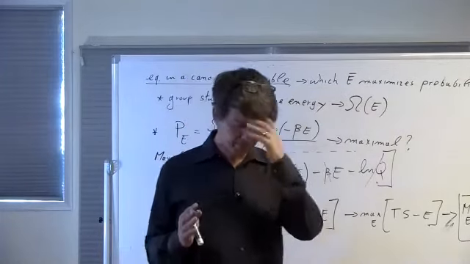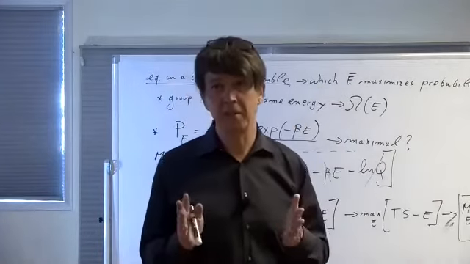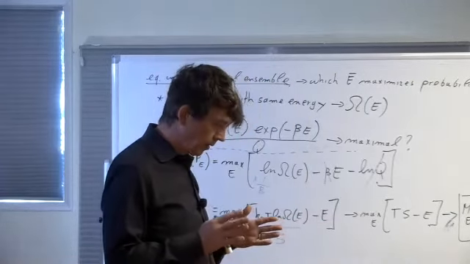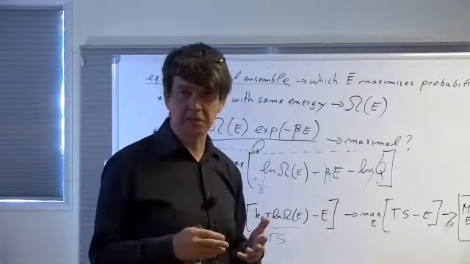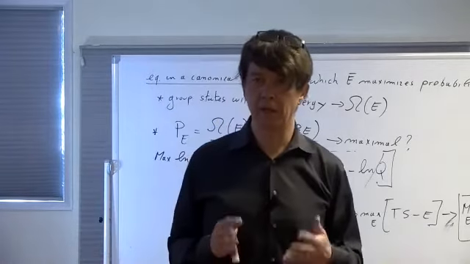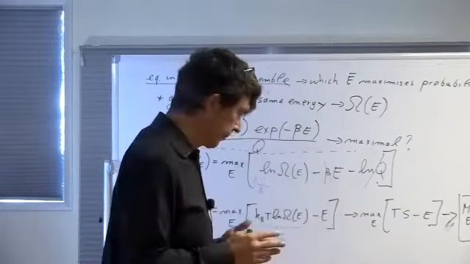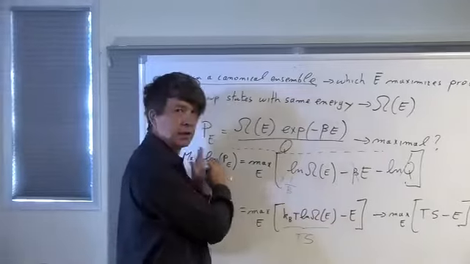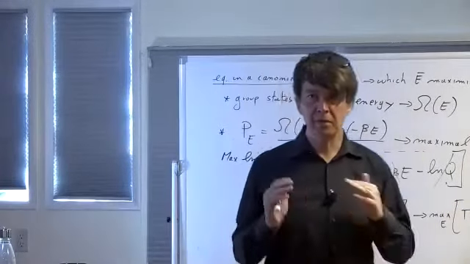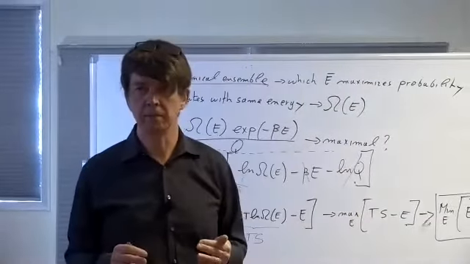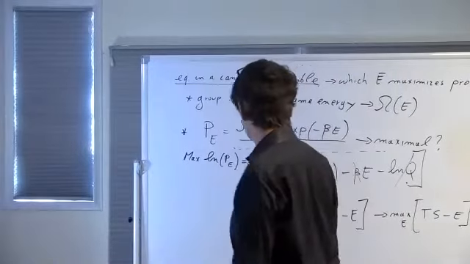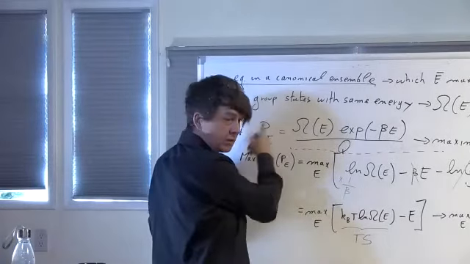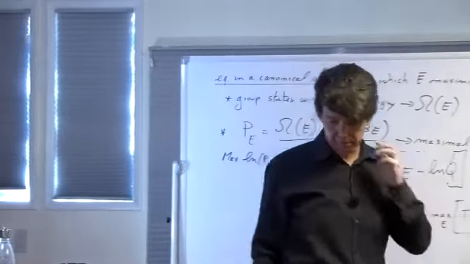This is actually amazing, right? I just want to stress that for a second because it's sort of a mathematical statement of everything we've been saying and thinking. This here, I would say, is intuition: the thing you see is the thing with the highest probability to be seen. So the energy we observe is the one with the highest probability to occur. That makes total sense when you think about it.